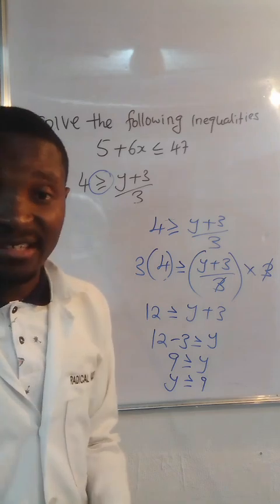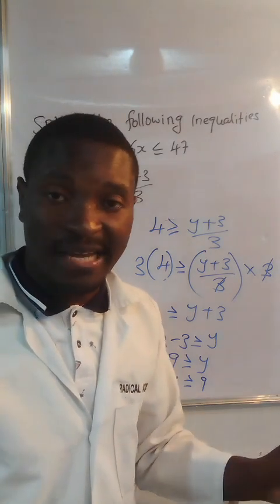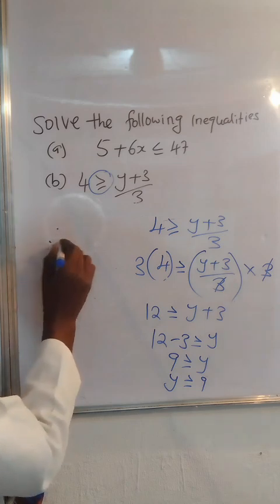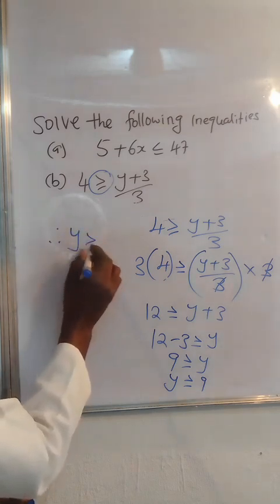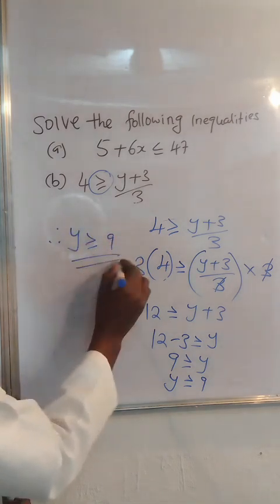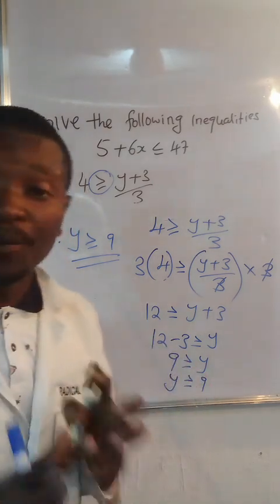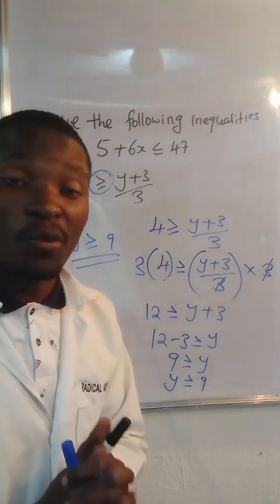Nothing is changing; we are not flipping the sign. And therefore, we have y is greater than or equal to 9. So that's how you can go about question B.